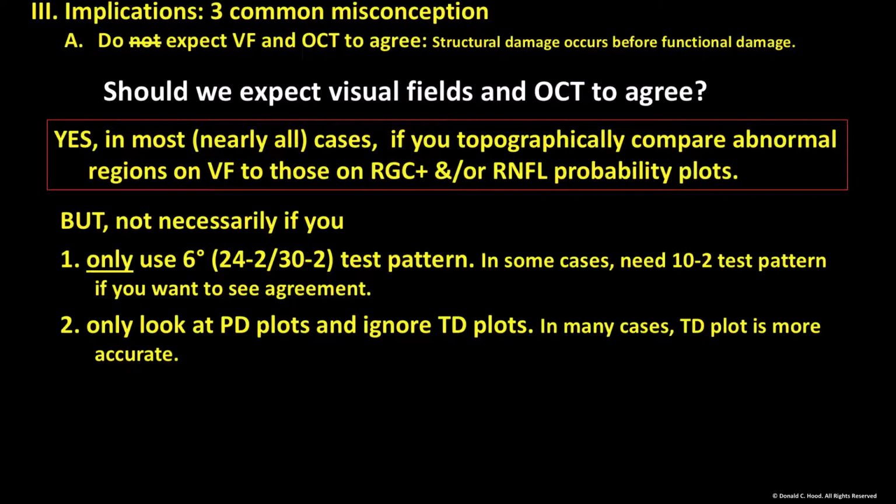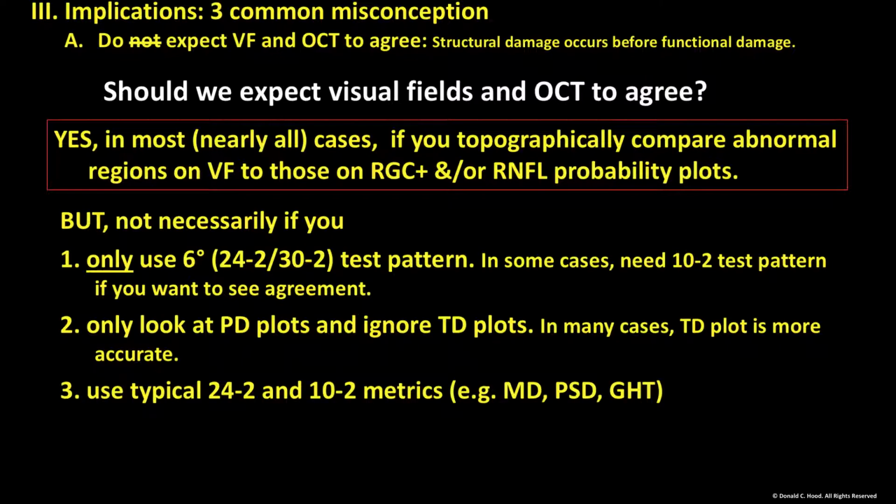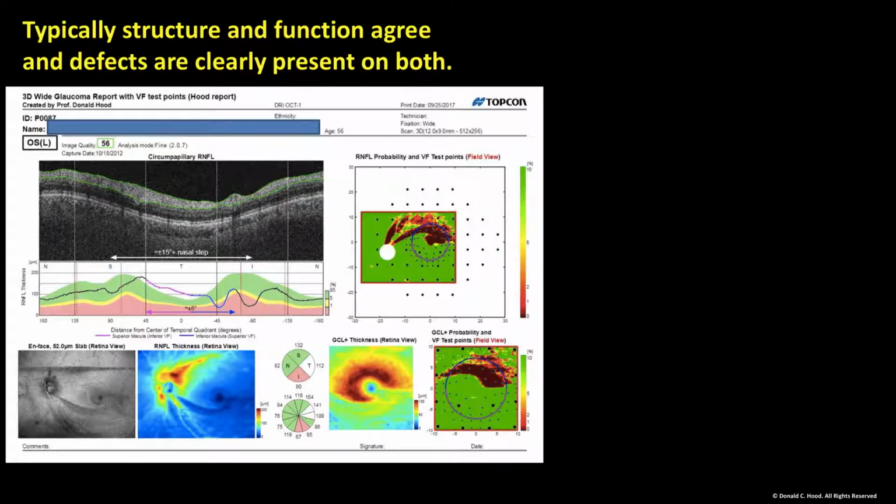It won't agree if you only look at the pattern deviation plots and ignore total deviation plots. In many cases, the total deviation plot is more accurate or veridical. And it won't agree if you use typical 24-2 or 10-2 metrics. So again, I want to argue that typically structure and function agree and defects are clearly present on both if you look at the abnormal regions.